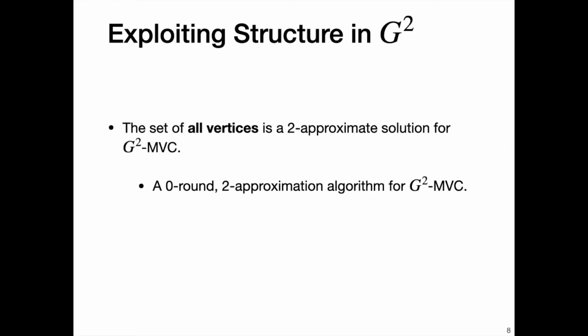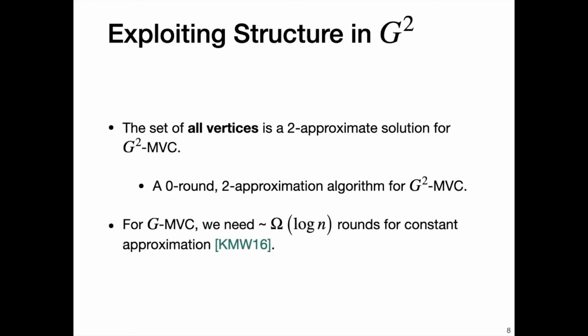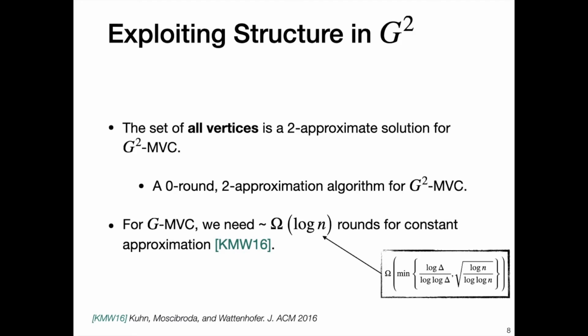So this implies a 0 round 2 approximation algorithm for G squared MVC. Whereas for GMVC, we need roughly log n rounds to get even a constant approximation. And this log n term is actually a bit more complicated, shown here.